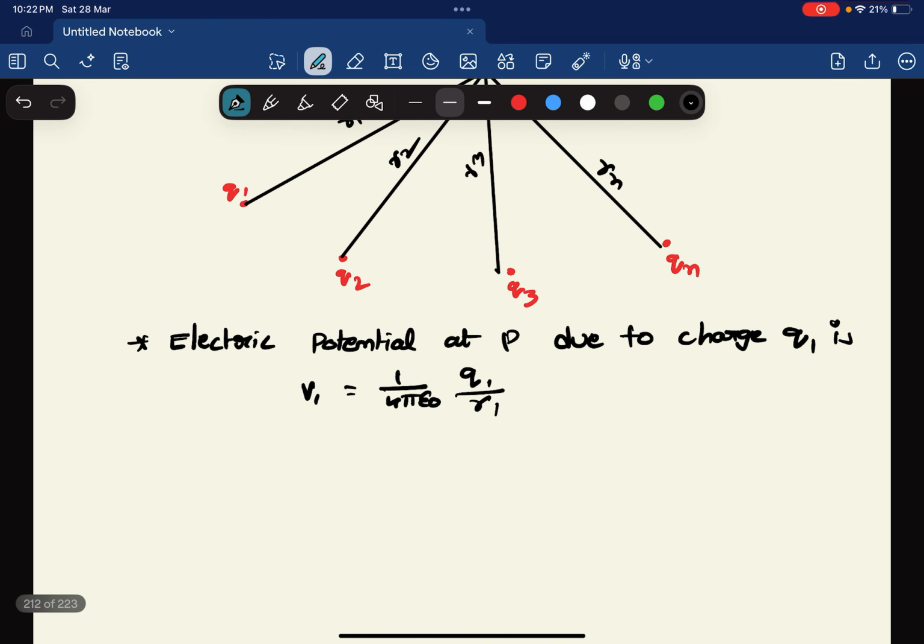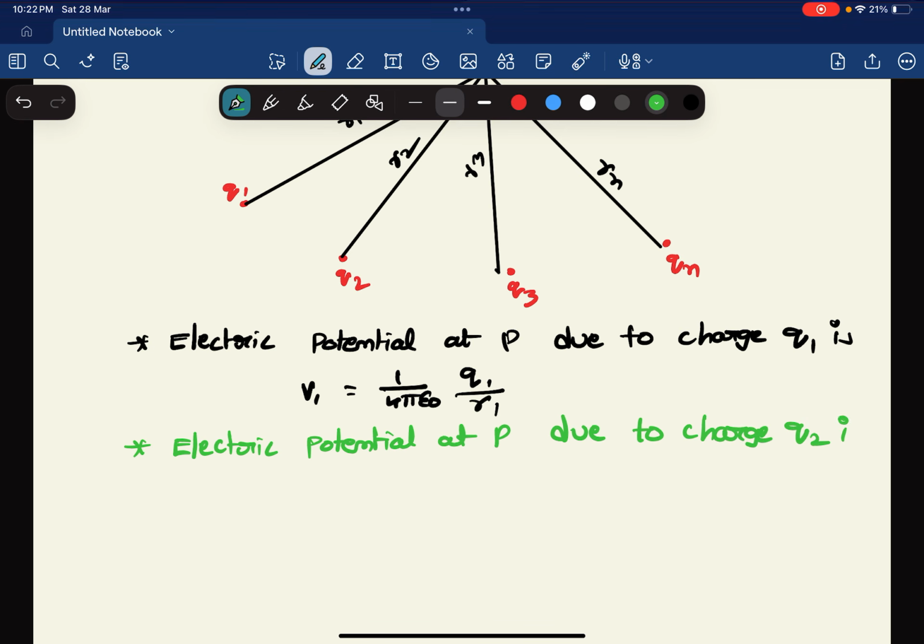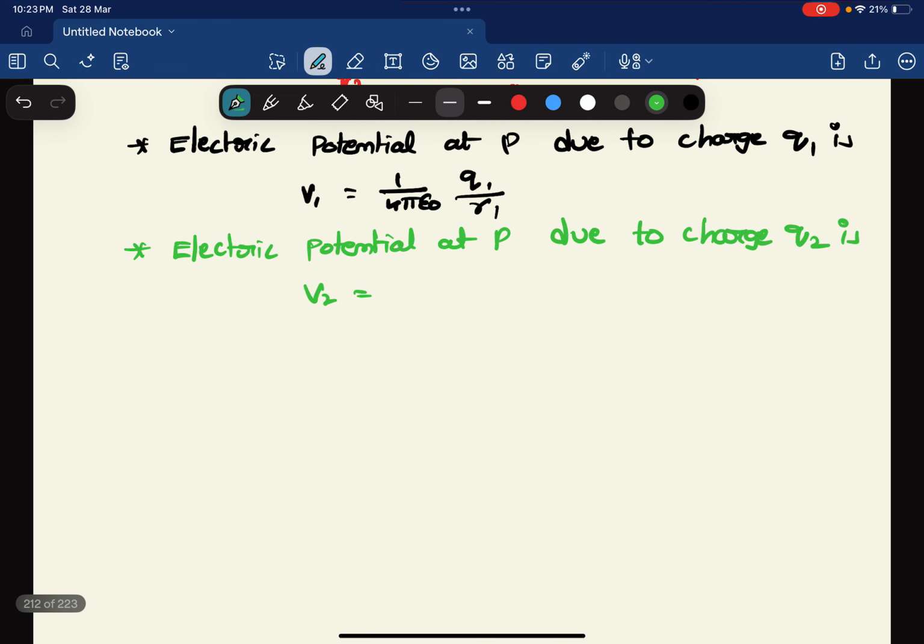Similarly, the electric potential at P due to charge q2 is V2, equal to 1 by 4 pi epsilon naught into q2 by r2, and so on.